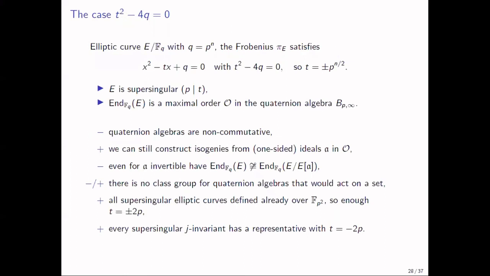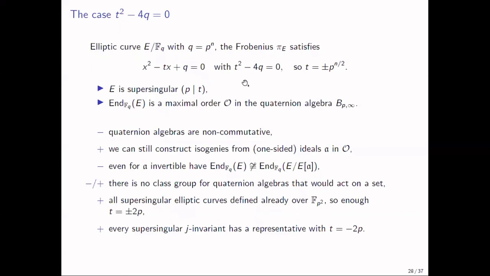Okay, so we finally get to the case where the quadratic equation for Frobenius has discriminant 0. So what does it mean? This quadratic has a double root, and you can show that in that case, the Frobenius will act as plus or minus the square root of q.